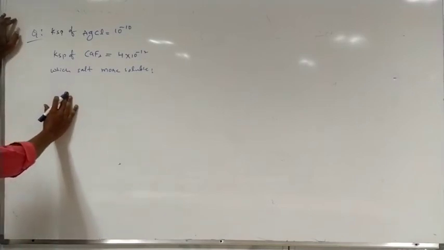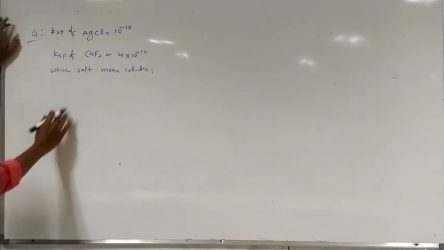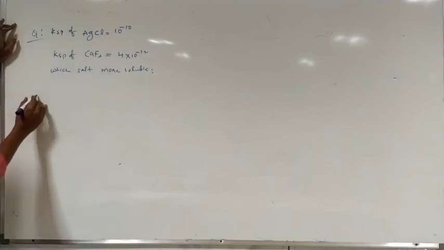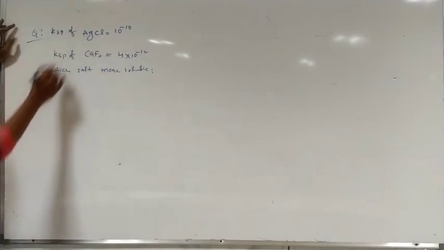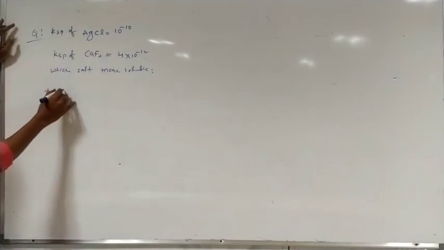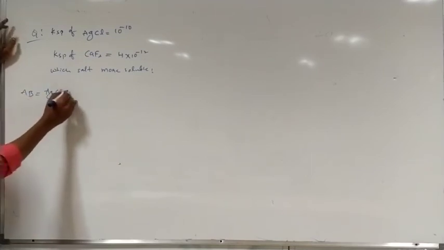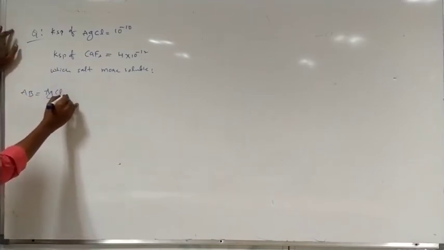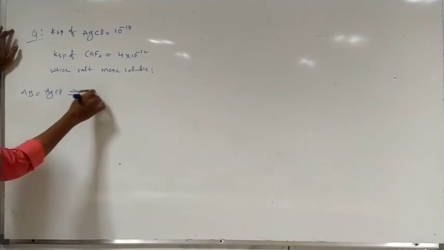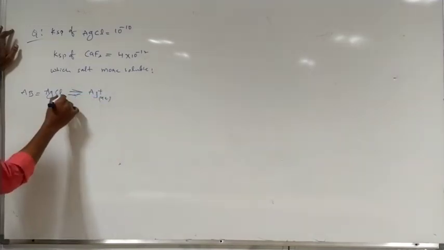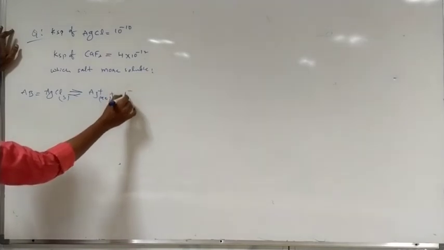First of all, we have to find out the Ksp for AgCl. This is the AB type. For this one, Ag plus aqueous, this is a solid, plus Cl minus.